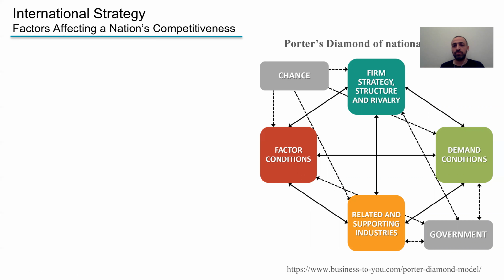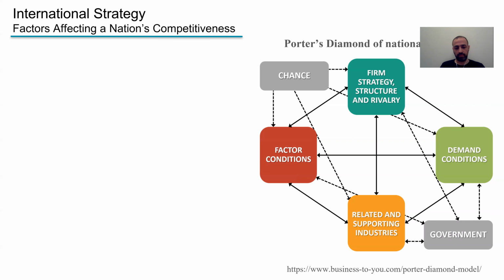The second element is the demand conditions. Is that country in a good economic situation, is the GDP per capita high, is the market demanding for your product, or do you need some specialization, some customization?